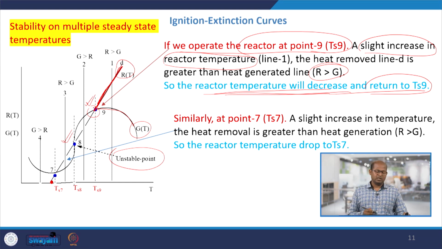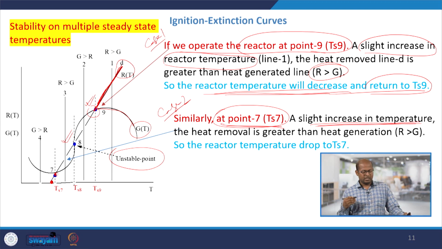Similarly, if we talk about point 7, at TS7, the steady state temperature at which we are operating the reactor, there may be a slight increase in the temperature. This is case 1, this is case 2. So, case 2 means we started the reactions at this steady state temperature and then there is a slight increase in the temperature, and we will get this line.